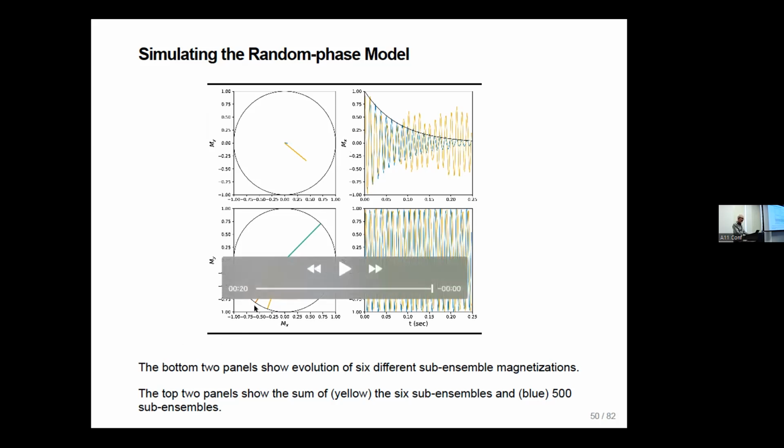Because in time, you can see, for example, that the reddish and green have gotten opposed to each other, so they tend to cancel each other. And once we have thousands of these spread out over 2 pi, the average over the sample is 0. And that's transverse relaxation. It's just the dephasing of each little sub-isochromat of magnetization due to the stochastic process, in this case, the two-site jump.